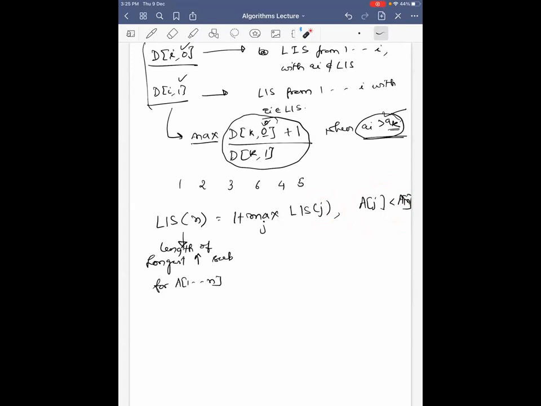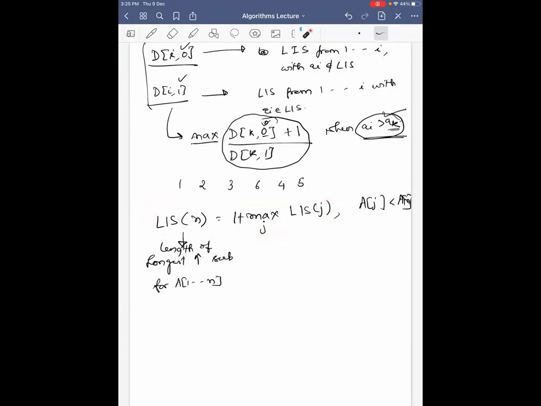But how are we defining A of J? A of J is the input array. Okay, let's forget about the implementation details for the time being. Is this recurrence clear? Yes, sir.